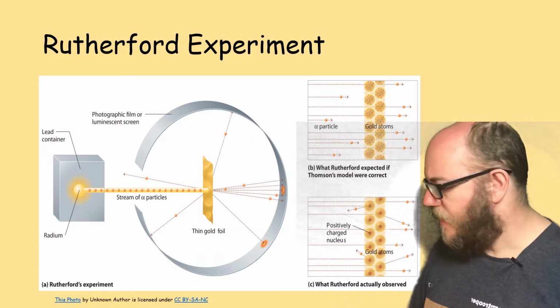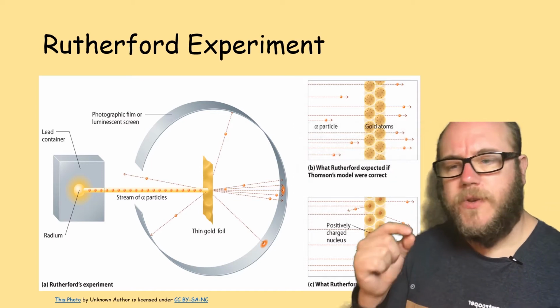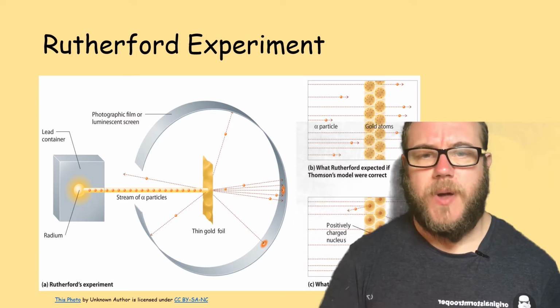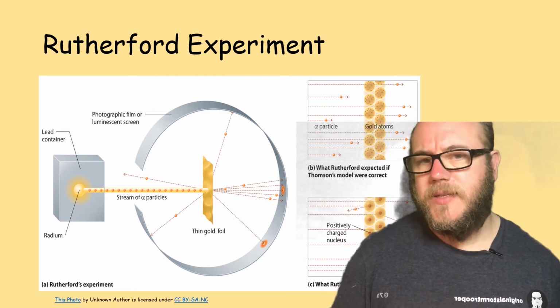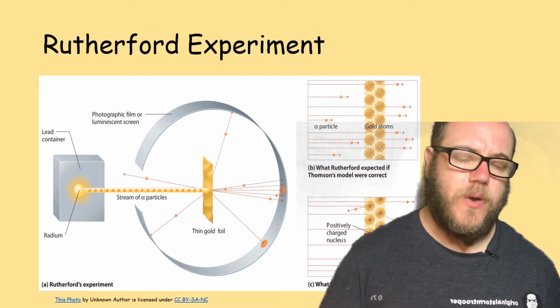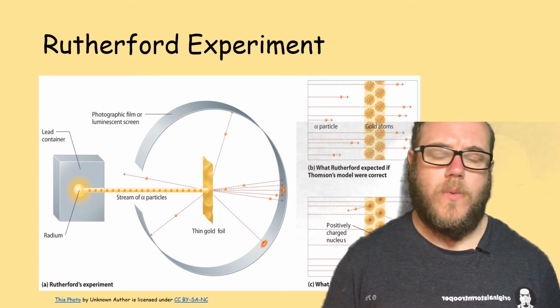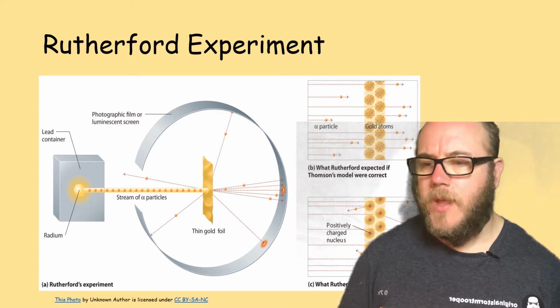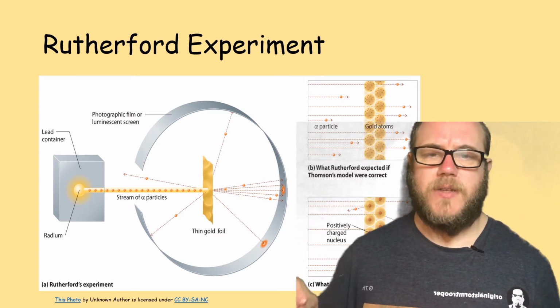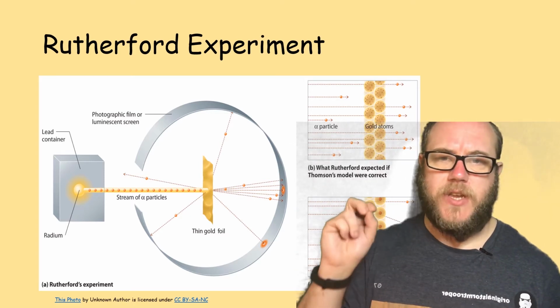Rutherford fired alpha particles, which are very small charged particles, but in the atomic world actually they're quite big. They consist of 2 protons and 2 neutrons, words that hopefully mean something to you, but they will by the end of this lesson. So these alpha particles get fired off at this sheet of gold.